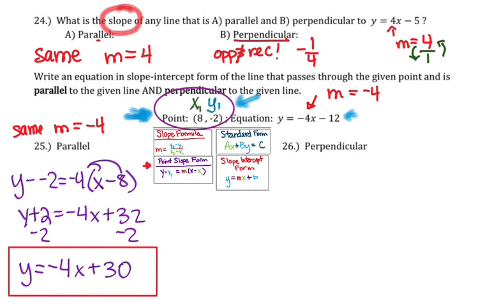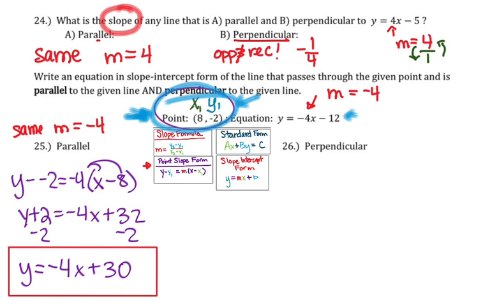The next question says, okay, now that you have a parallel line that goes to that point, we want a perpendicular that still goes through this point. It has to go through that point. This point is still the star, but it has to be perpendicular.